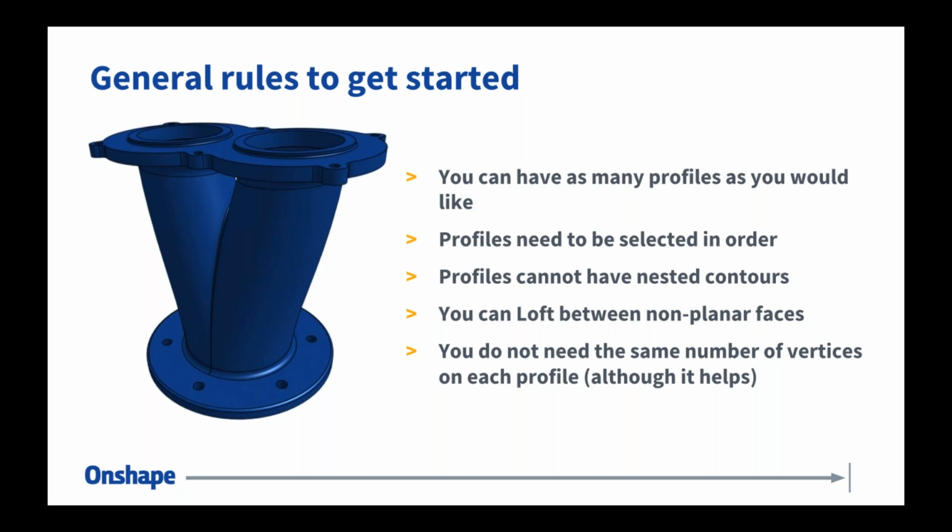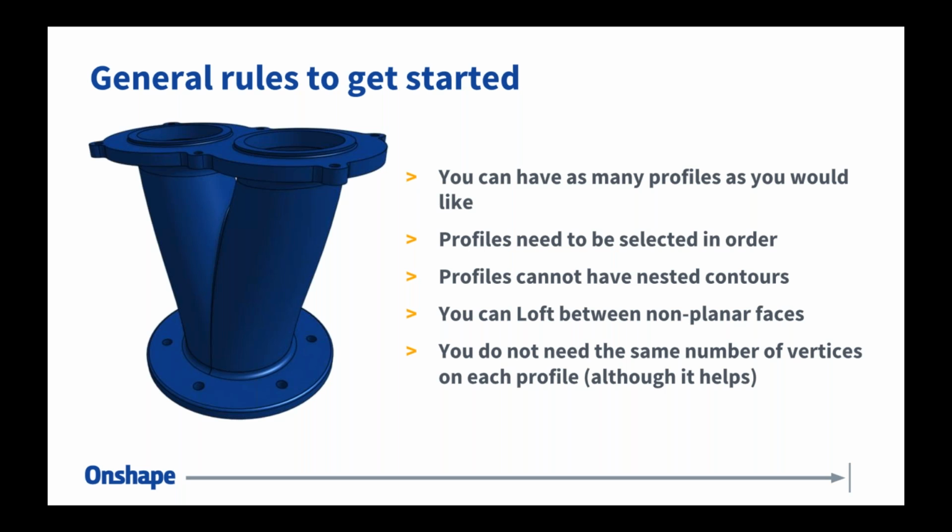I'm going to go over what that entails in just a bit, but one of the easiest ways to solve twist problems in your loft is to ensure that you have the same number of vertices in each sketch profile. Not always possible, but it can really save you a lot of time having to control the loft twist. And I'll get into all of this in greater detail in just a bit.